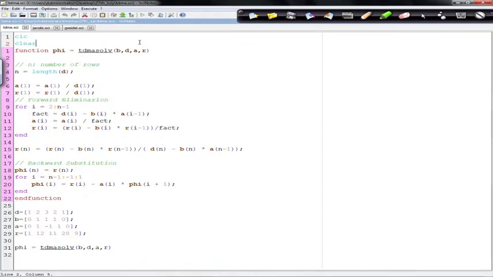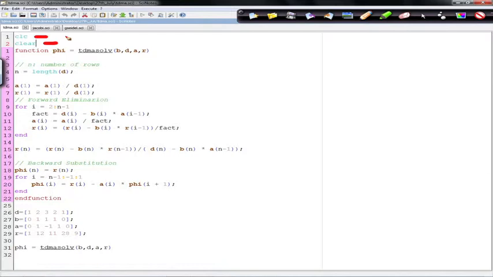This is comparatively a smaller code, it is not a lengthy one. The clc and clear are basic lines required to clear the console and clear the memory.